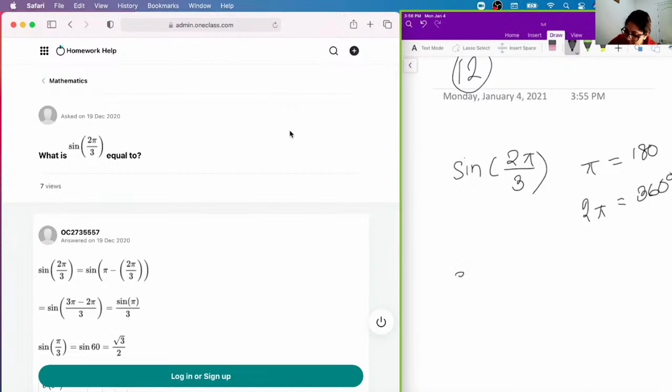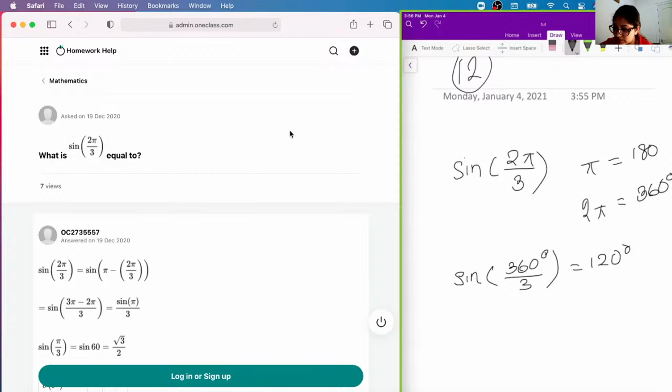And I would say sine of 2 pi, which is 360 degrees, divided by 3, which will be 360 divided by 3, which is equal to 120 degrees, right?